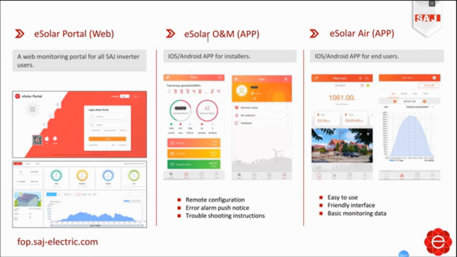One is eSolar O&M. O&M stands for operation and maintenance. This application is especially for the distributor and installer. So it's like a professional version of the monitoring application.